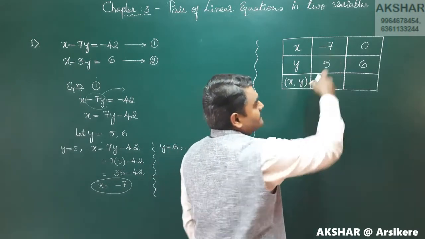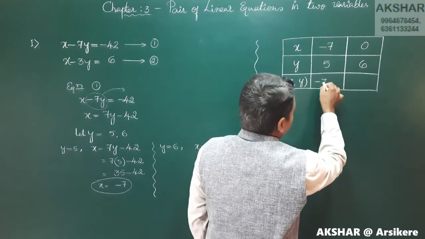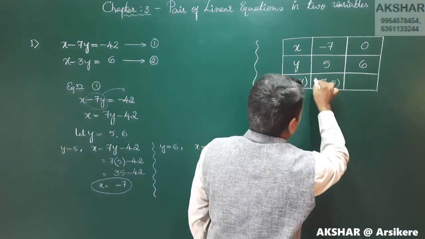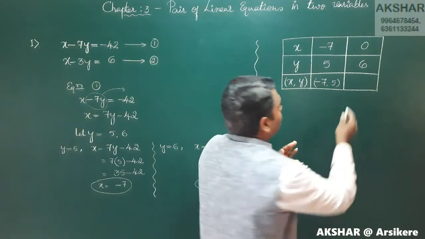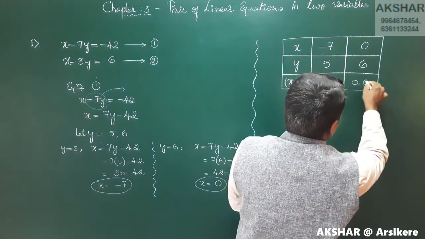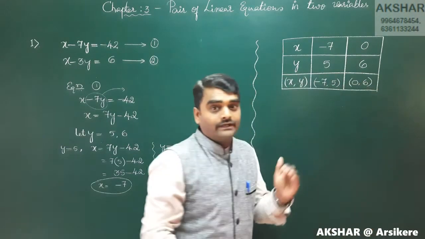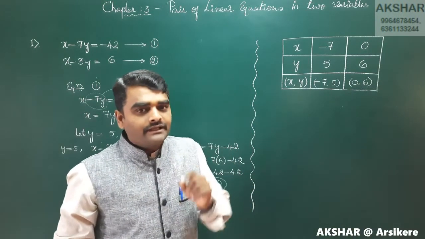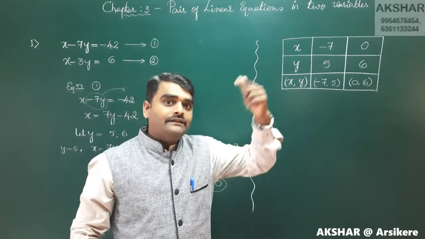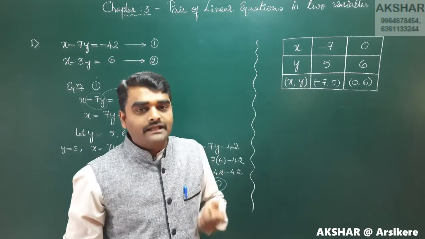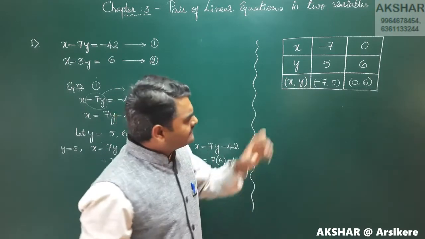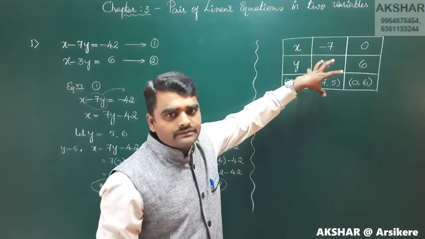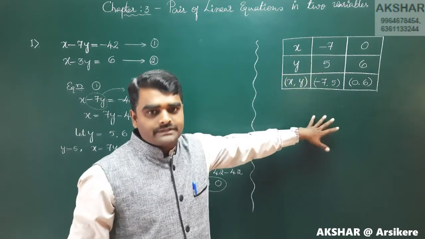Minus 7 comma 5 is one pair of coordinates, 0 comma 6 is another pair of coordinates. I think now you are remembering the 9th standard graph, right? The same way you plot these points on the graph sheet.